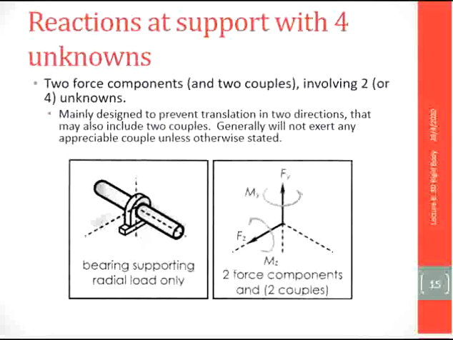A structure with 4 unknowns is a bearing supporting radial loads only, which previously we called a single journal bearing.